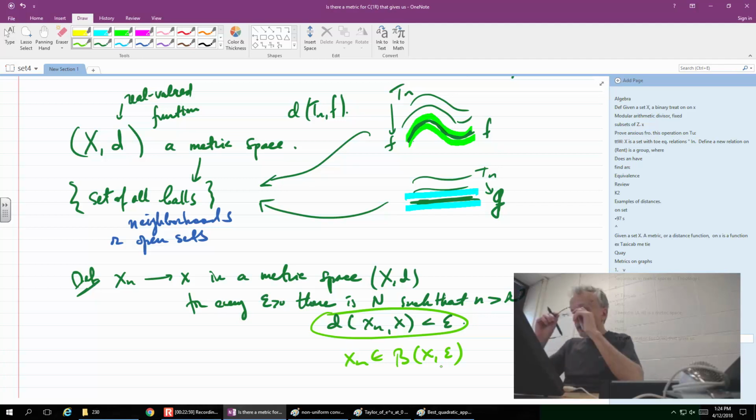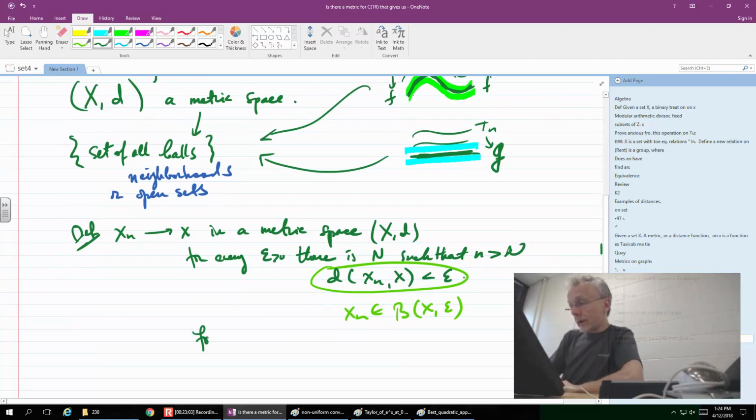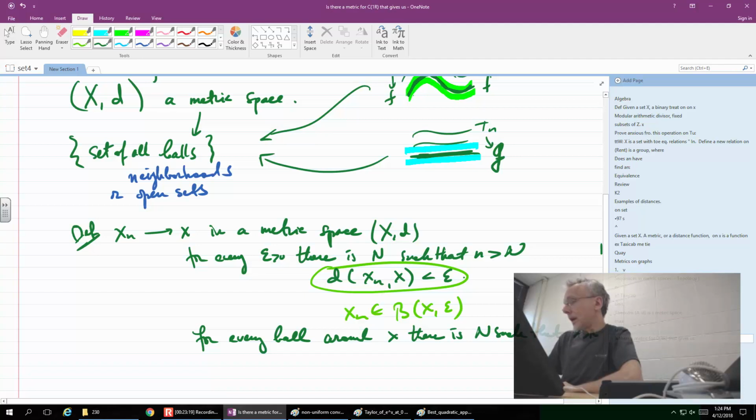So I can restate this as follows. I could say that for every ball B around x, there is N such that n larger than N, we have x_n belongs to B. For every ball B like this.